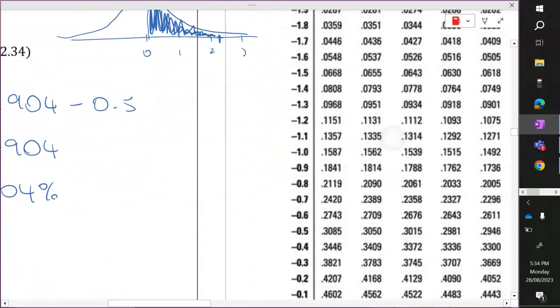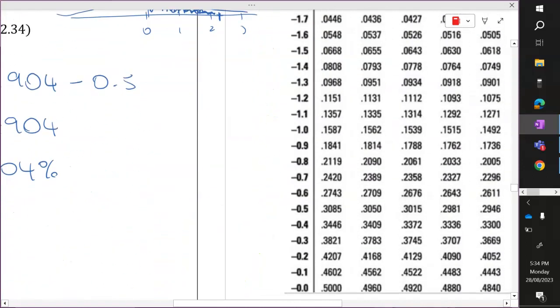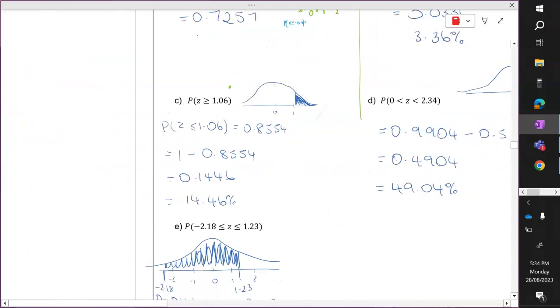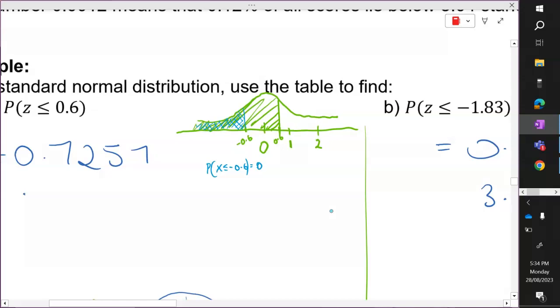Minus 0.6 is going to be 0.2743. That matches up with the 0 at the top, so that's right. I know the area to the left of 0 is going to be 0.5. So I can work out what this part in here is as well.